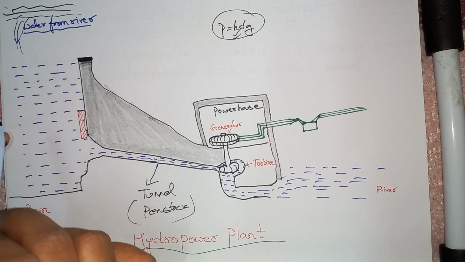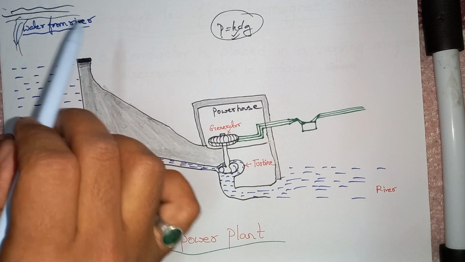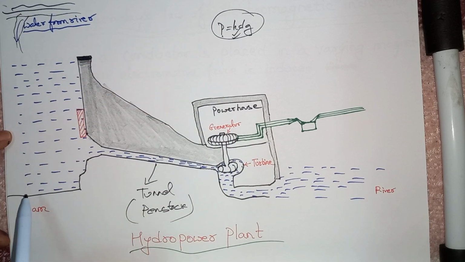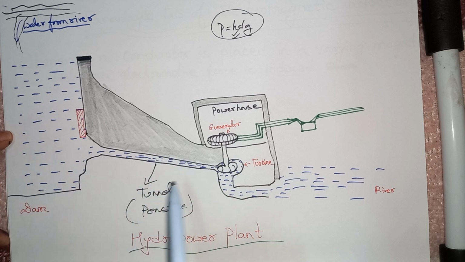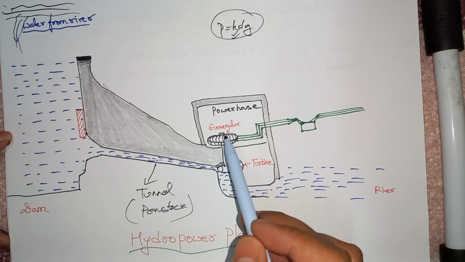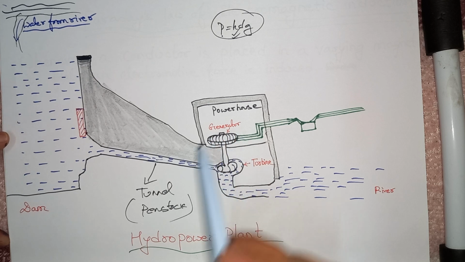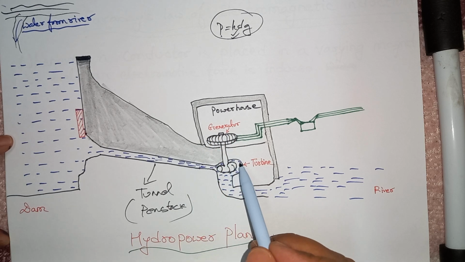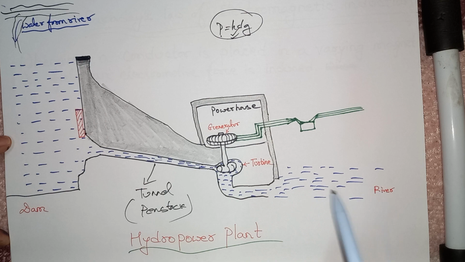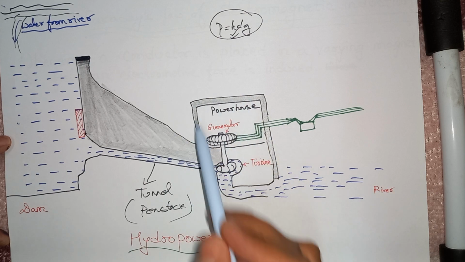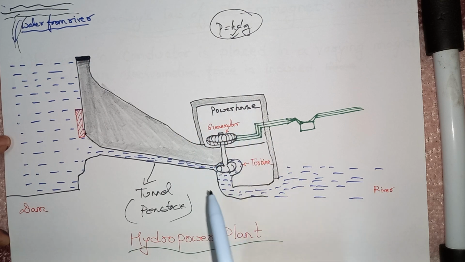We'll control how much water we need and how much we let flow in the river. From the dam, water will be allowed to move through the turbine, the turbine rotates, and the generator also starts to rotate. The rest of the water, when the turbine has rotated, we don't need, so we let it flow down through the river. This is a powerhouse. This powerhouse will not be touched by the river water.